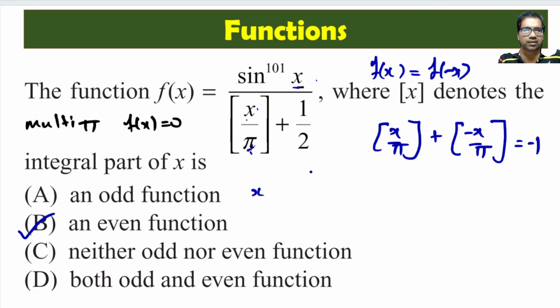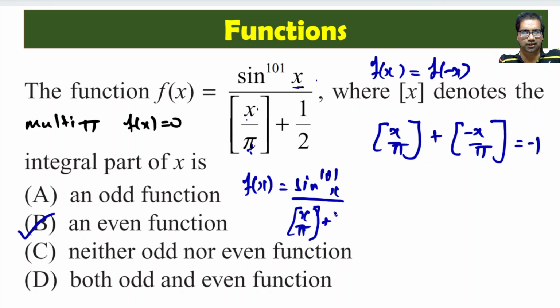What does that mean? For now let's assume x is greater than 0. So f of x would be equal to sin 101 x by pi plus 1 plus half.